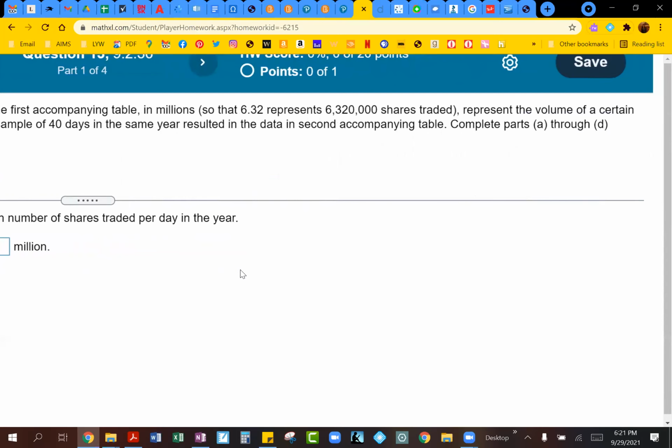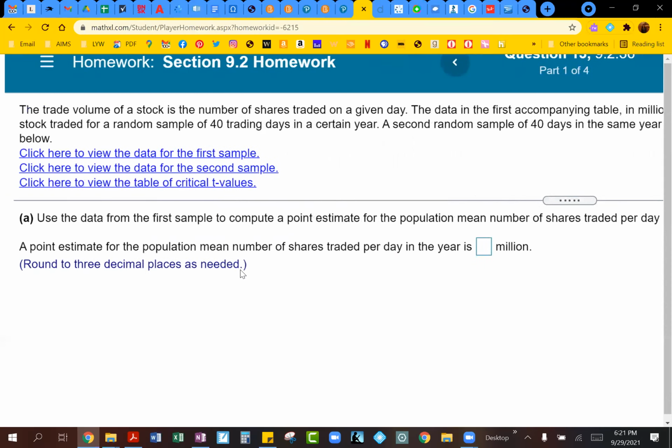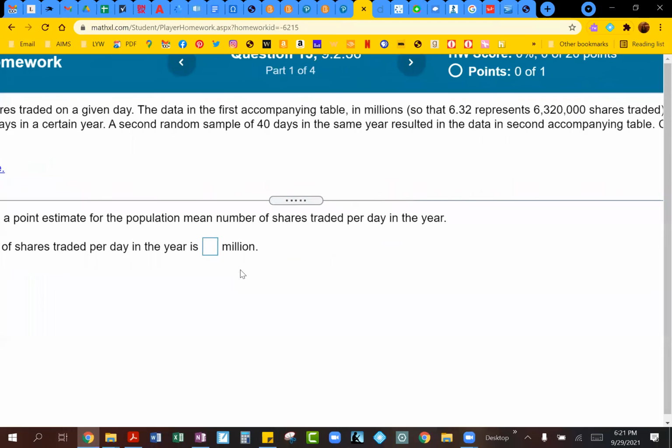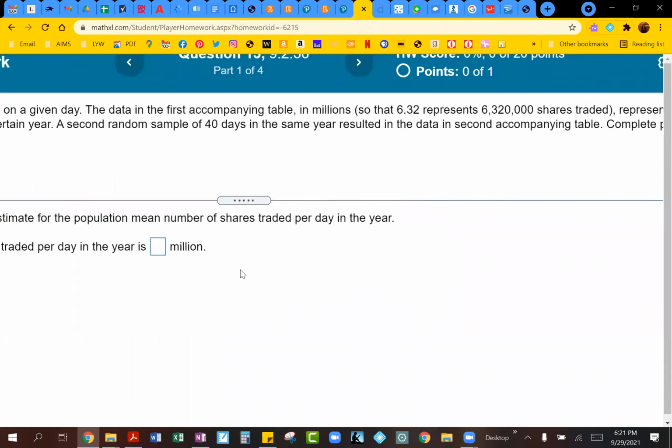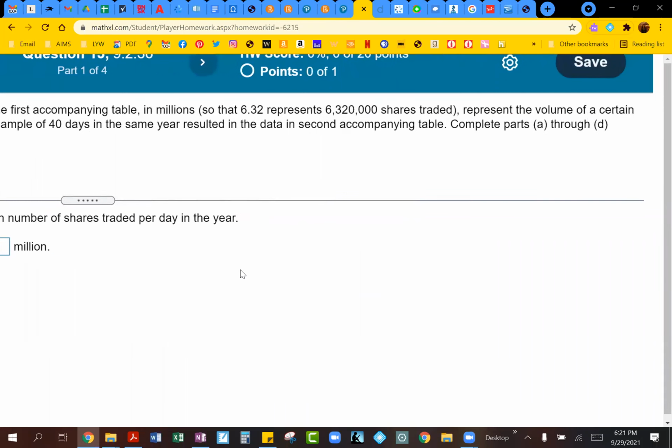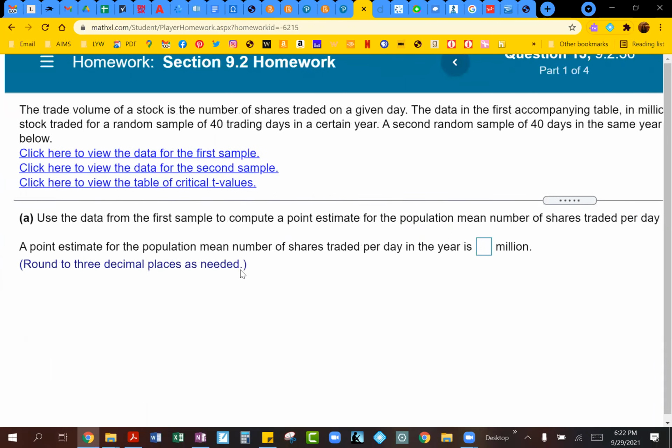So that means 6.32 is actually 6,320,000 shares traded. They represent the volume of a certain stock traded for a random sample of 40 different trading days in a certain year. Their second random sample, for 40 days in the same year, resulted in the data in the second table. And they're asking us to complete parts A through D.